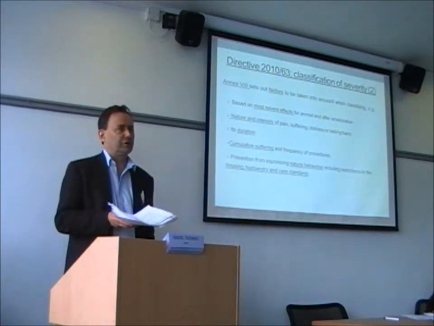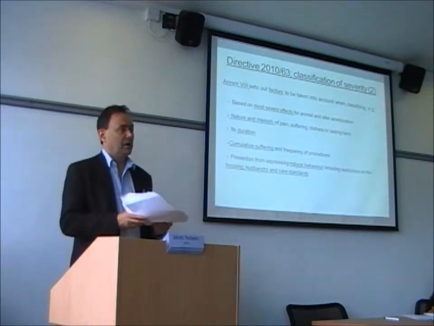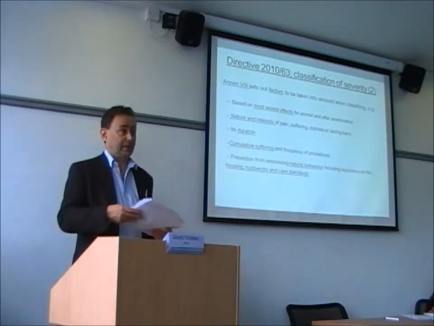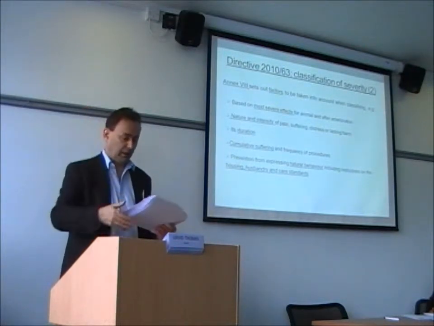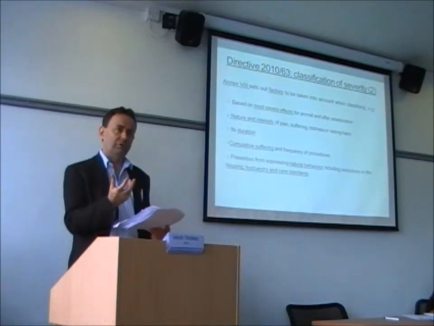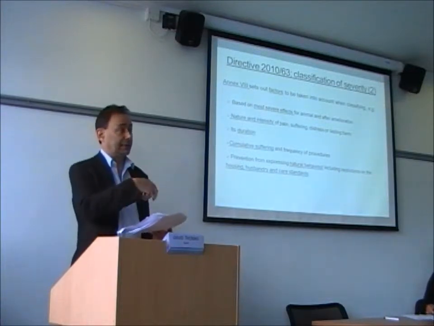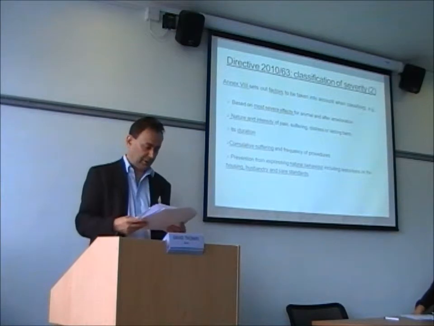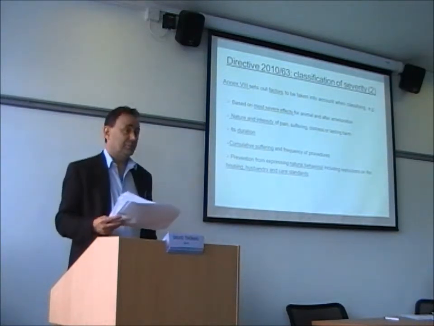And you often see in research projects things which scientists call humane endpoints, which is the point at which an experiment has to stop because the suffering is not allowed to get any higher. So that would be something you take into account in deciding on the severity of the project. And the rest of this is pretty obvious really.